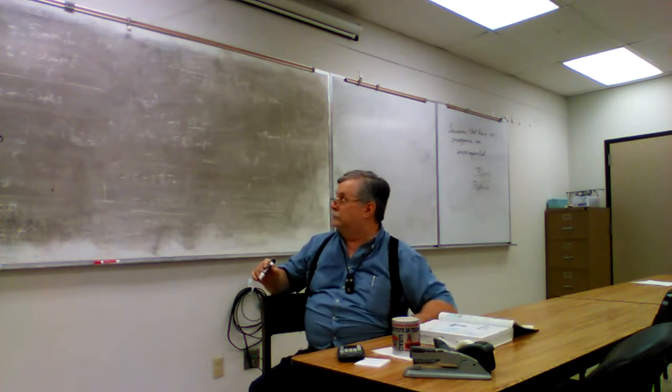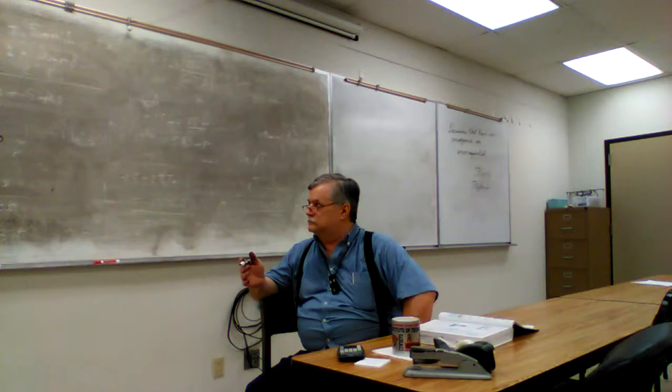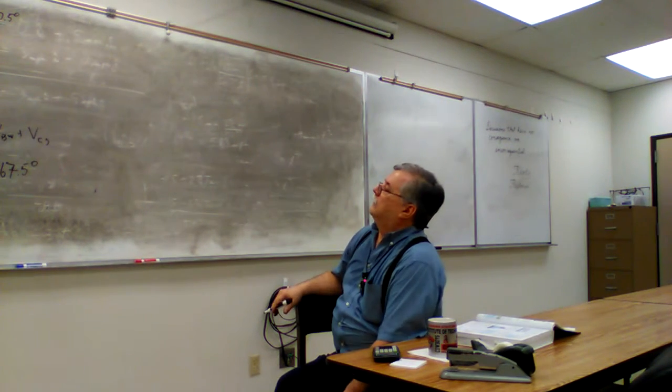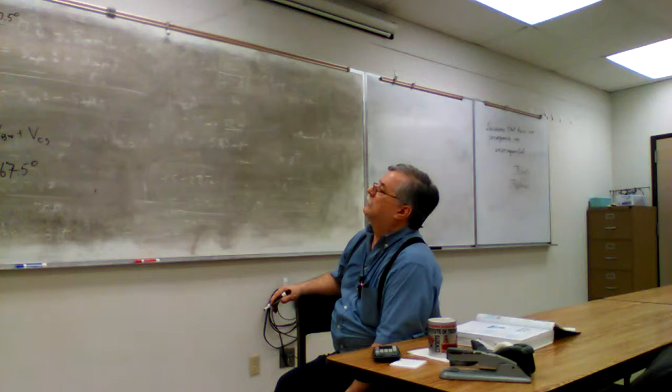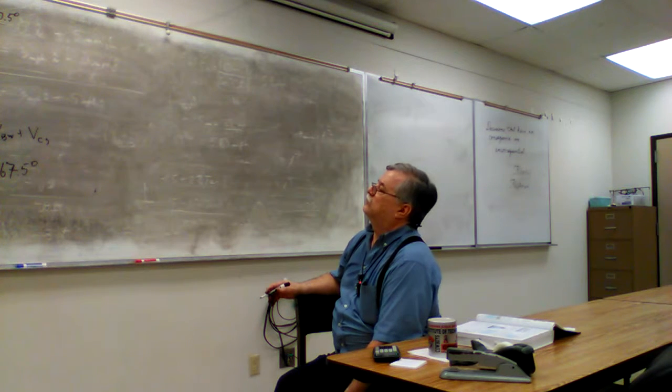So we're going to have to subtract that component of the river current from that component of the boat's velocity. What would we subtract from what?